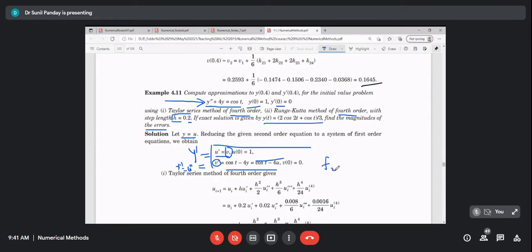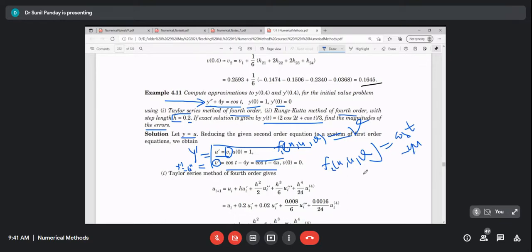This becomes your f2 of x, u, v, and this becomes your f1 of x, u, v.